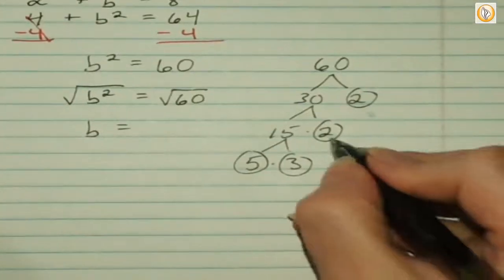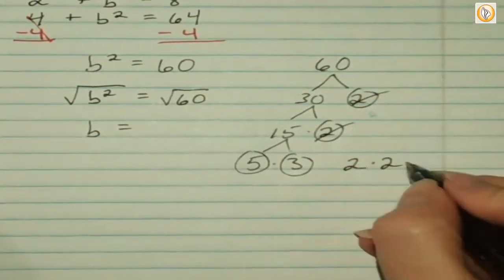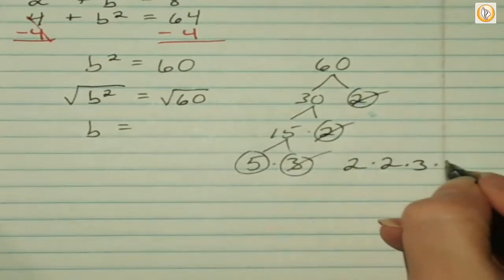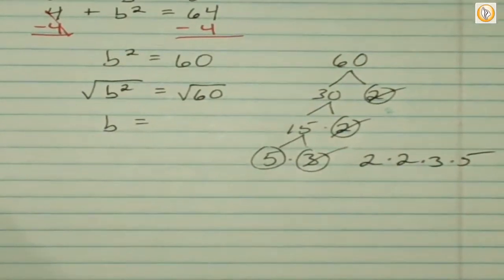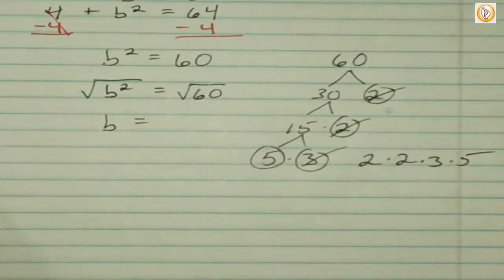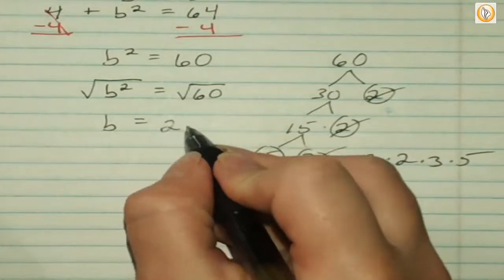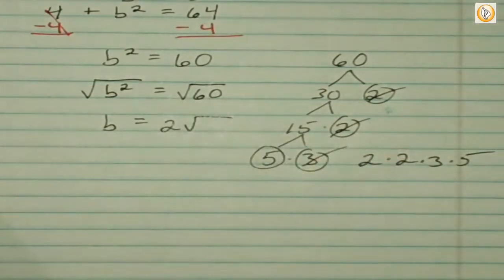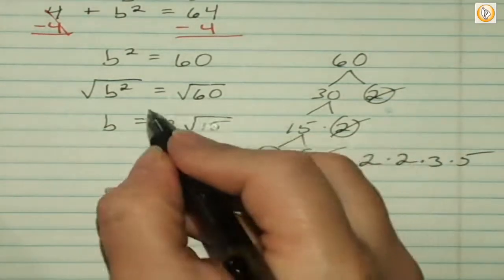So I write all my stuff out. And what is my final answer? 2 outside and square root of 15. Perfect.